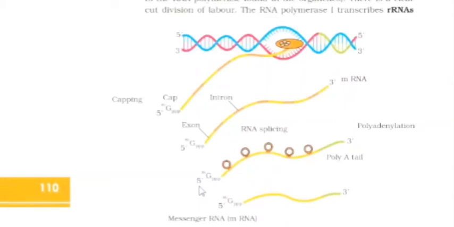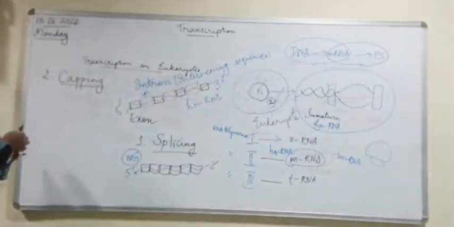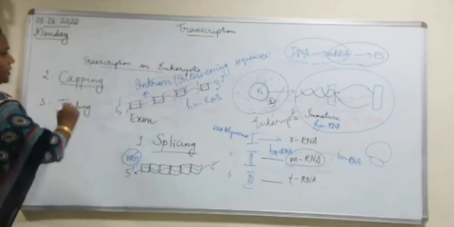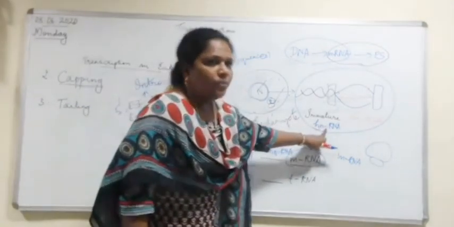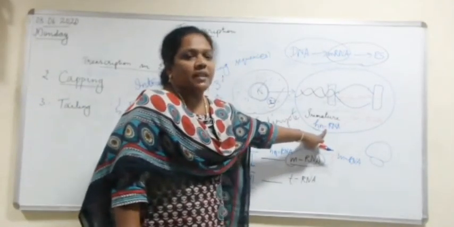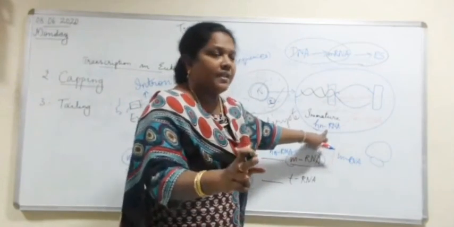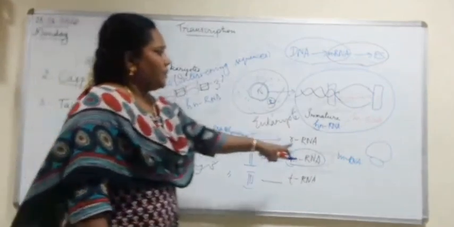Now, in the last diagram you can see, this one you call messenger RNA, mRNA, matured RNA or processed RNA, which is ready for protein synthesis. After splicing, capping and then tailing, this HnRNA, which is an immature one and not ready for protein synthesis, is converted after the 3 steps to mRNA.